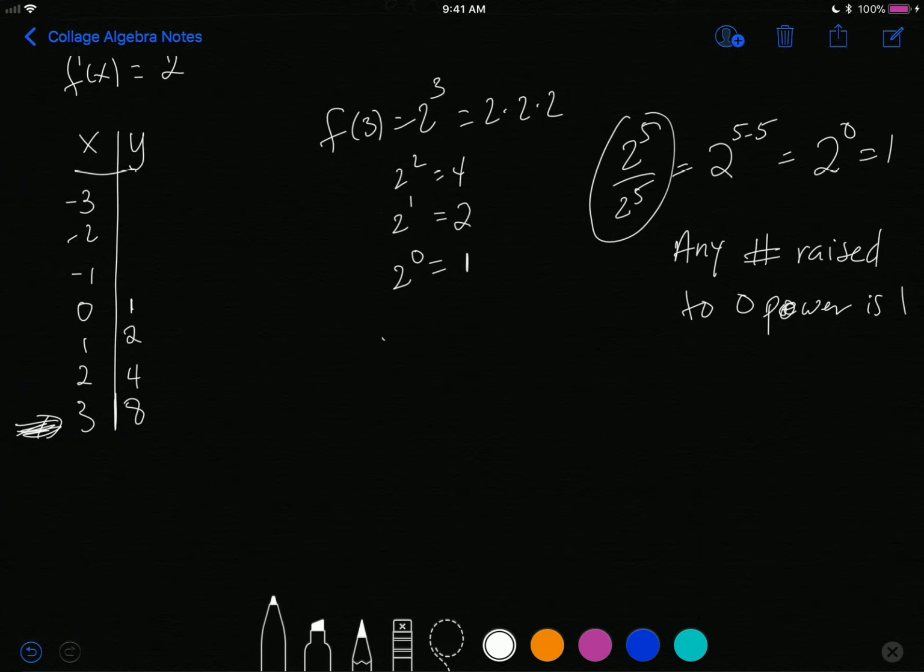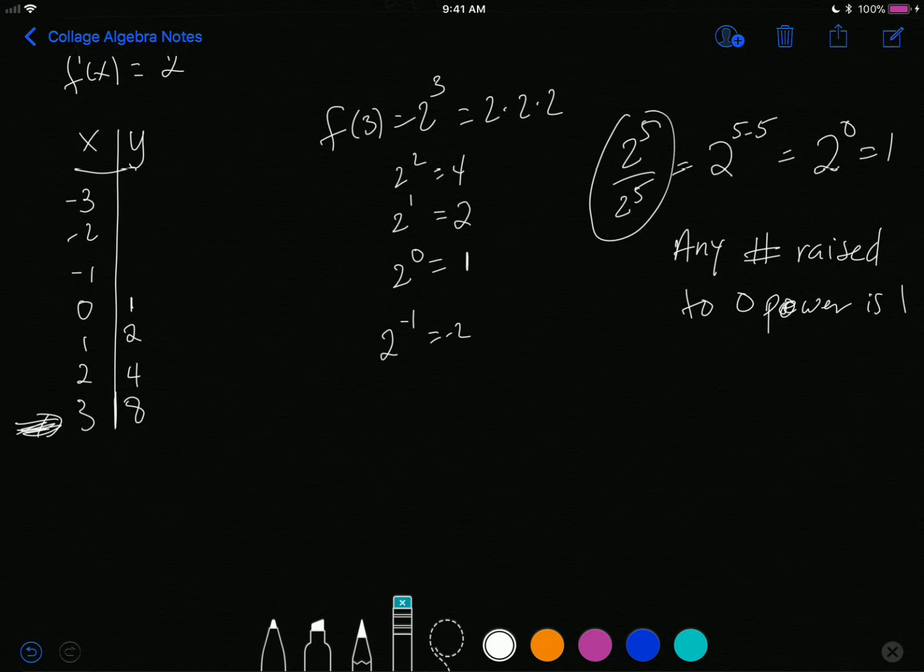And so then that takes us to 2 to the negative 1. Now, for some reason, a lot of people, when they see a negative power, default to multiplication. They say, well, this must be negative 2 because of the minus sign. Well, let's go back. In this example, did I go 2 times 3 is 6? Is that how I got the answer? No. So the negative power does not indicate multiplication.